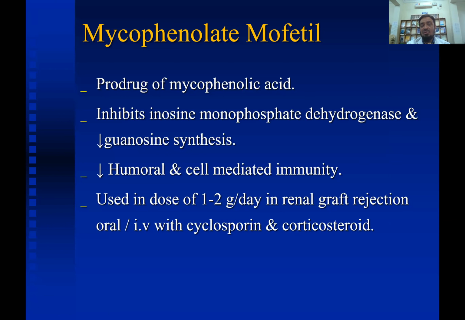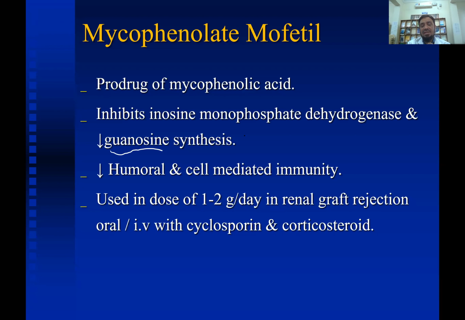And this inosine monophosphate dehydrogenase 2 plays an important role in inflammation and release of the cytokines, and also there is decrease in the guanosine synthesis because of this mycophenolate mofetil.